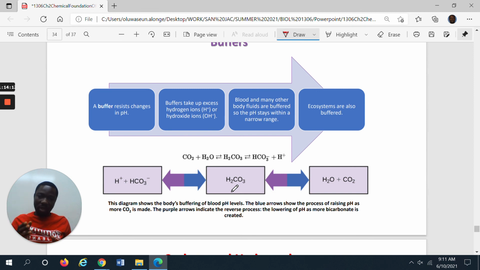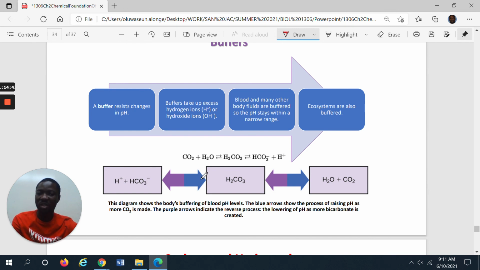Now, to maintain that pH value, a buffer has to act. So a buffer is anything that helps to resist changes in pH. For H2CO3, if there is a higher concentration of hydrogen ions, that should have increased the acidity of a substance or an environment.